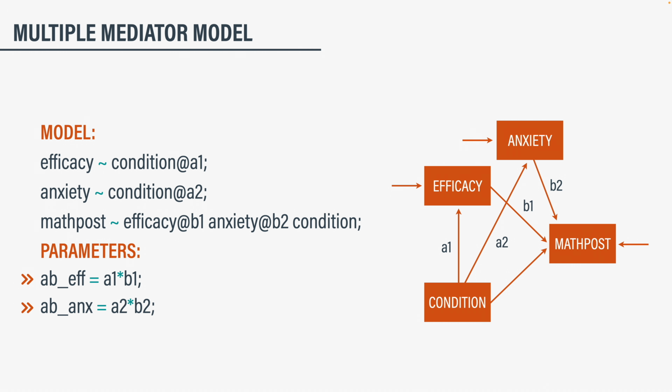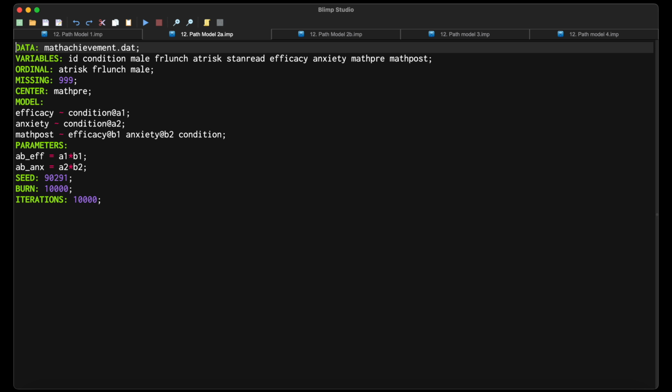So notice that the residuals of the two mediators are uncorrelated. Condition effect is responsible for 100% of the correlation between those two variables. Now that's probably a really unrealistic assumption because efficacy and anxiety likely correlate for reasons other than condition. But I want to highlight this right now and show you how we can modify the model going forward.